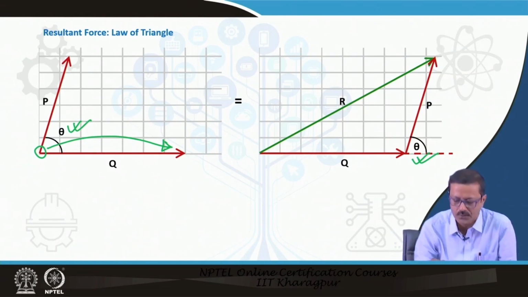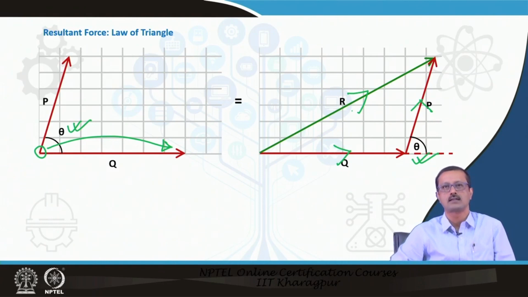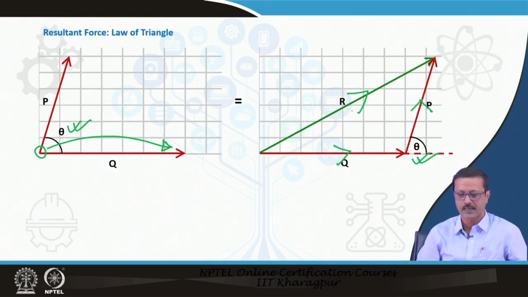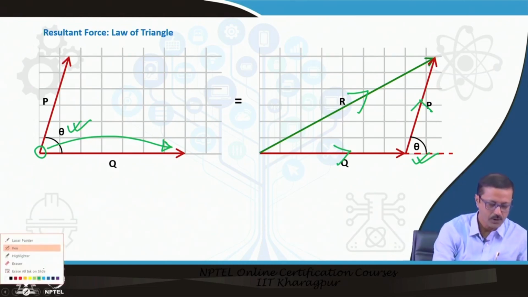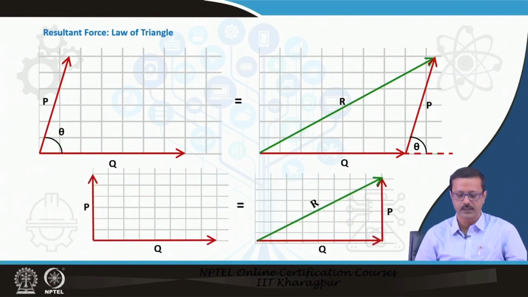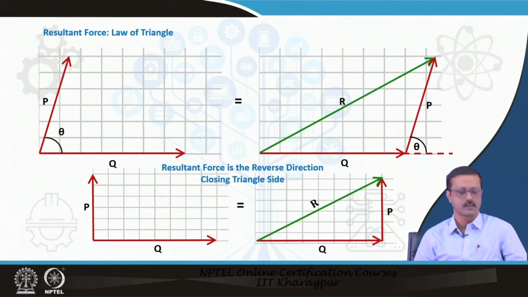But the closing side should not follow the same direction of travel; it will be in the opposite direction, giving the proper direction of the resultant force. We can find the resultant for the perpendicular case in a similar way. So the resultant force is the reverse direction closing side of the triangle.